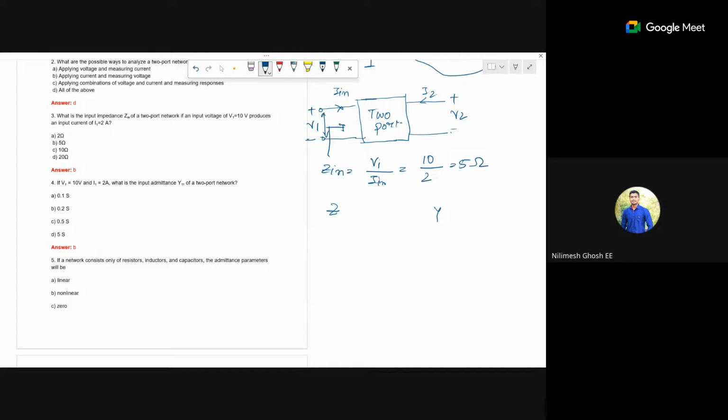Z means all will be impedances, and Y means 1 by Z, so all will be admittances. Generally these parameters are in the form of a matrix.